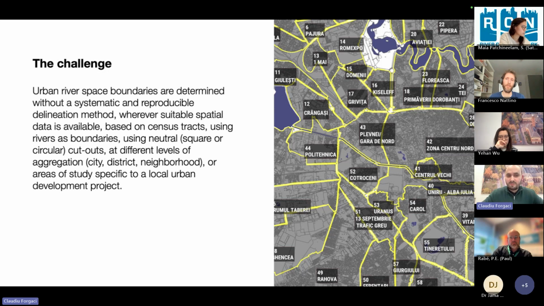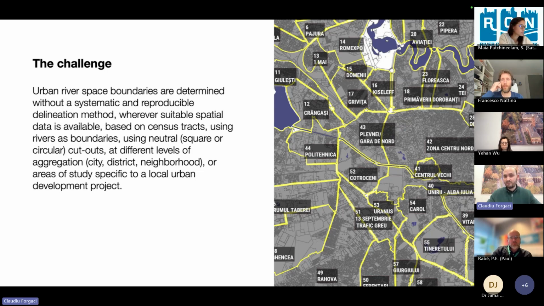So delineation is done wherever suitable spatial data is available, based on census tracts, using rivers as boundaries very often, or using neutral square or circular cutouts at different levels of aggregation, city, district, neighborhood, or areas of study specific to a local urban area. So what I want to say here is that there are many different ways of drawing boundaries around the river. That is a challenge in itself.